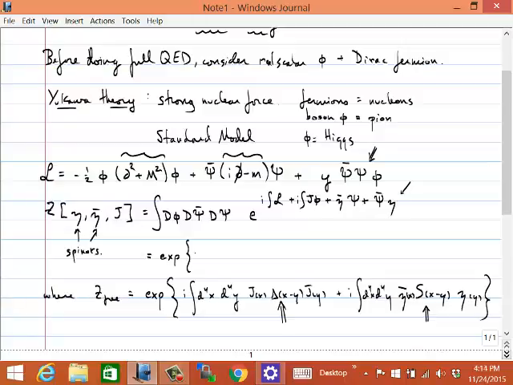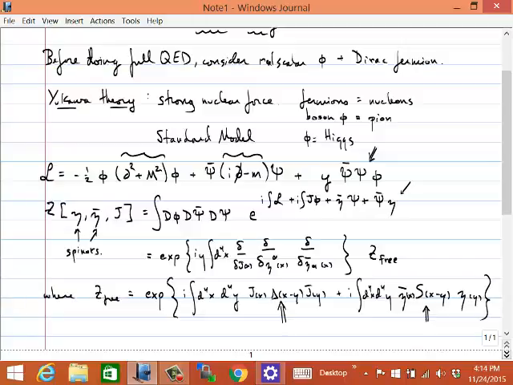So you get an e to the iy times an integral d4x of d by dj of x, d by d eta of x, and d by d eta bar of x, all acting on the free generating function.